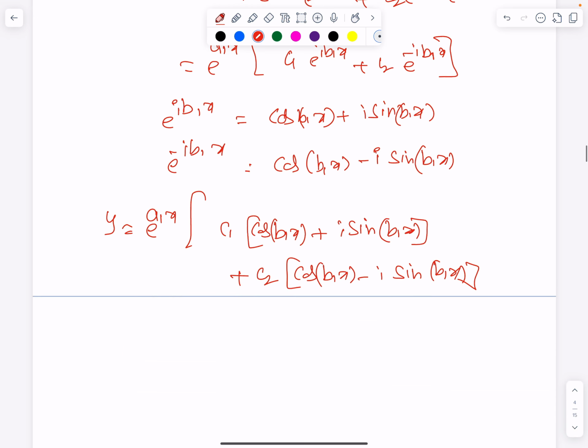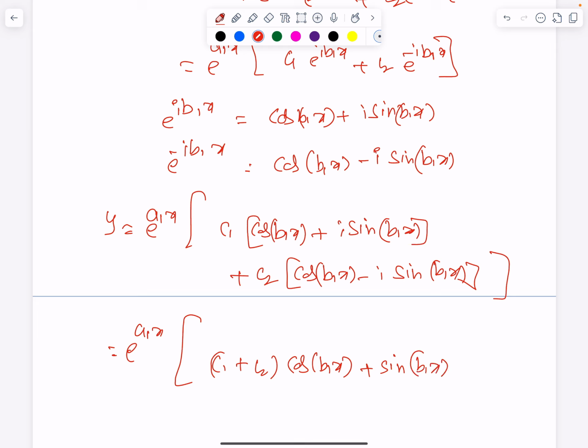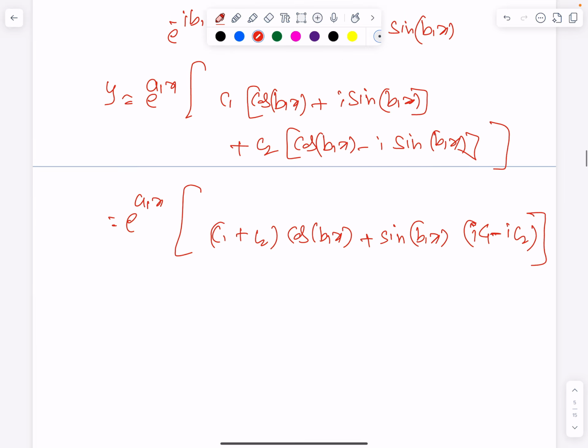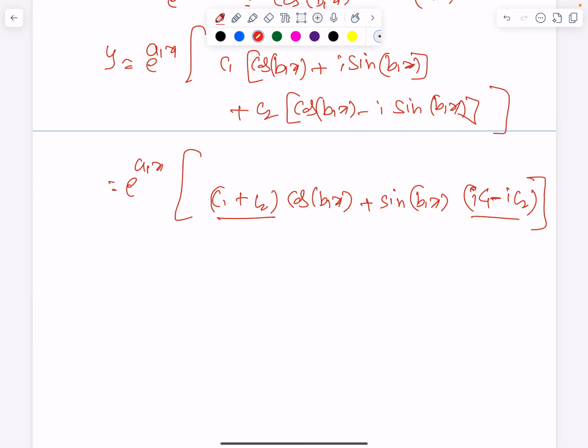Further, if you simplify by collecting the terms, that gives you (c1 plus c2) cos b1x, plus sin b1x common, i(c1 minus c2). Since these are constants only, if you adjust them, you can rewrite it as capital A cos b1x plus capital B sin b1x is your solution.